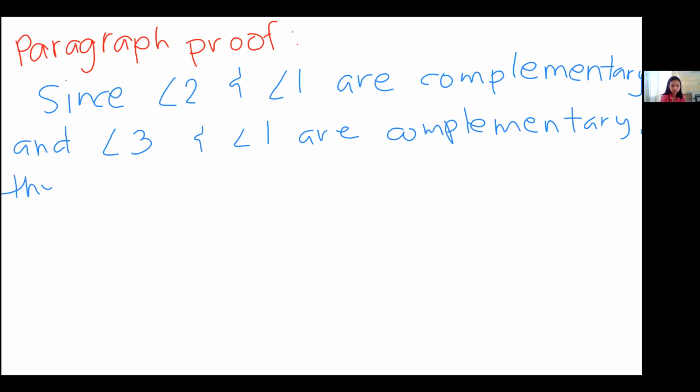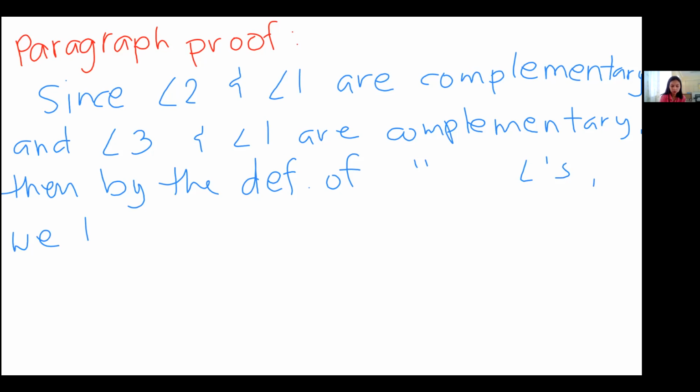Then, by the definition of complementary angles, ayan po. We have, parang ganun din naman eh. Kaya much better na mag 2-column proof na lang kayo. Kasi parang ganun lang din gagawin niyo dito.